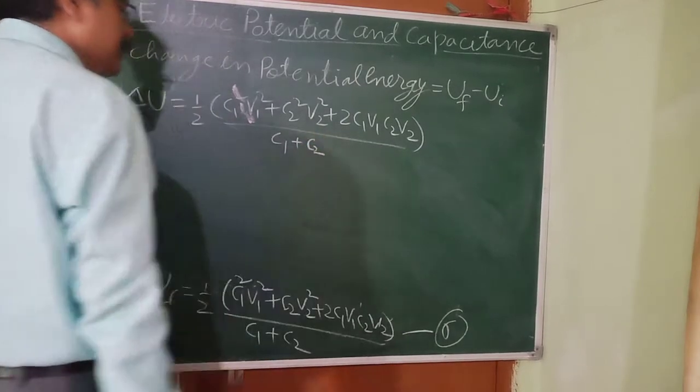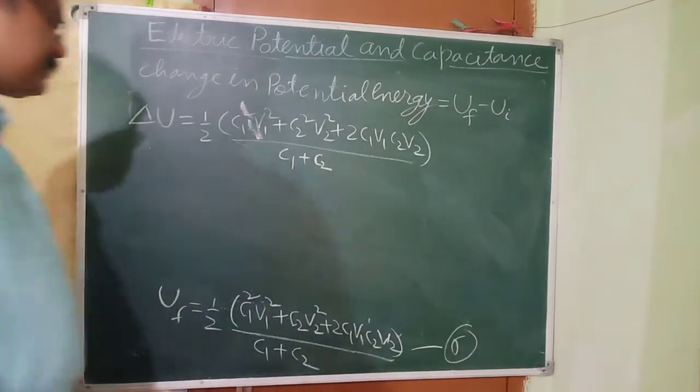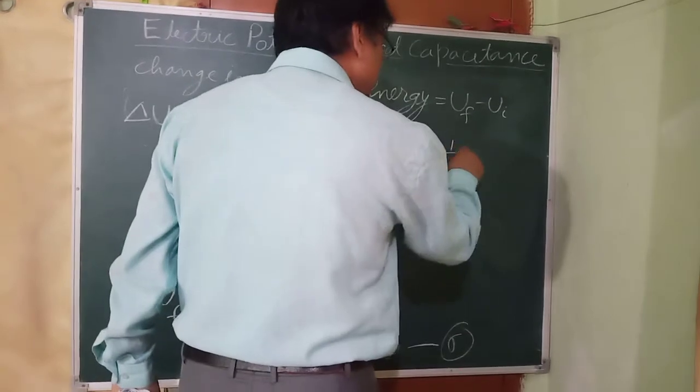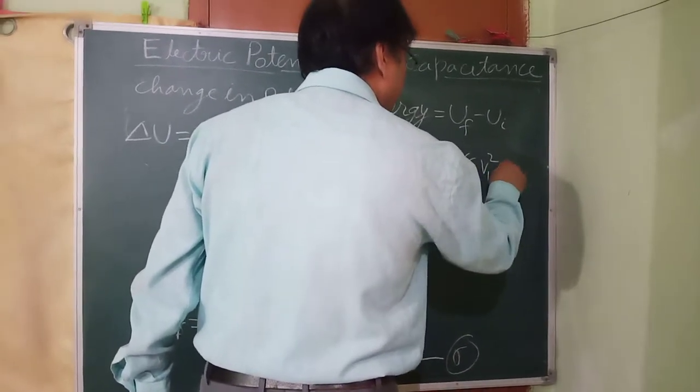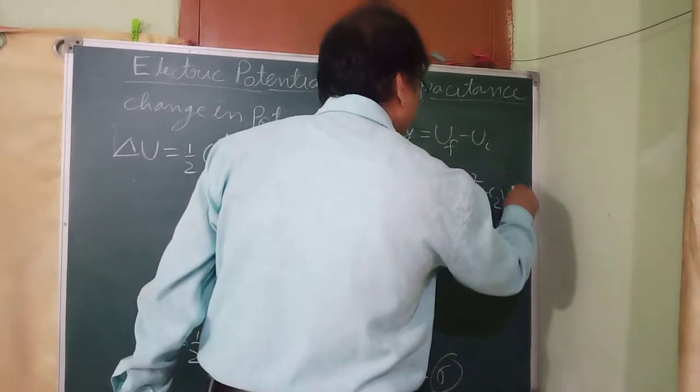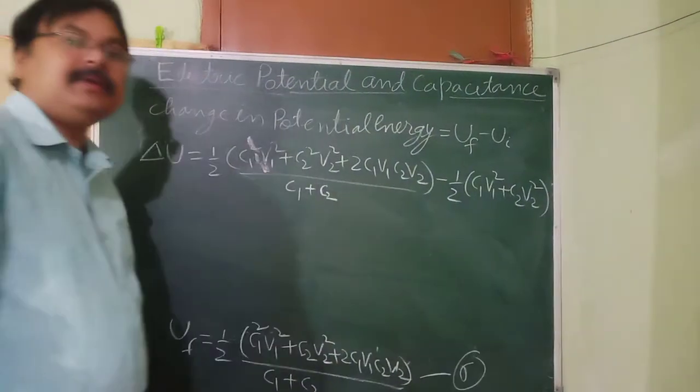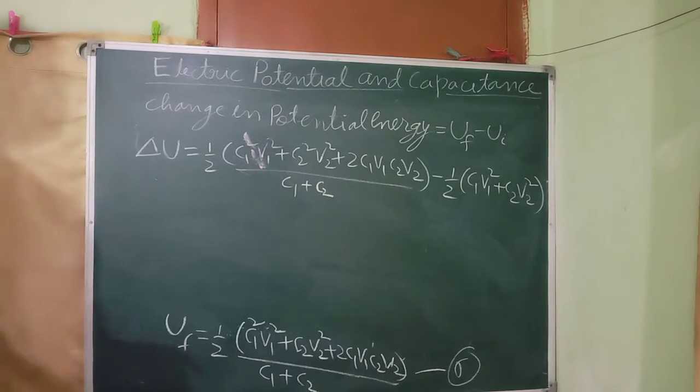That is the final. Minus the initial, which is half C1 V1 square plus C2 V2 square. Now from these two we can take half common.